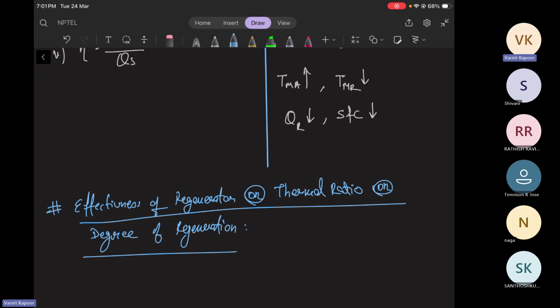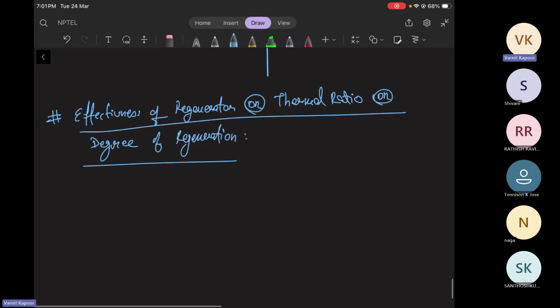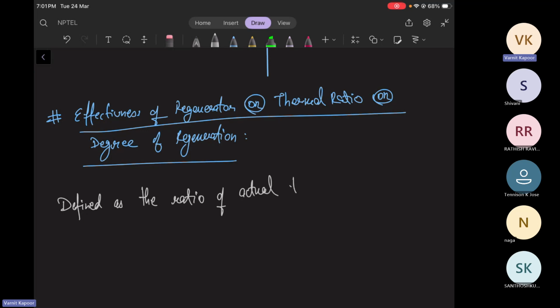It is defined as the ratio of actual temperature rise to the maximum possible temperature rise in the regenerator. So again, effectiveness will be either equal to 1 in ideal scenarios or less than 1.